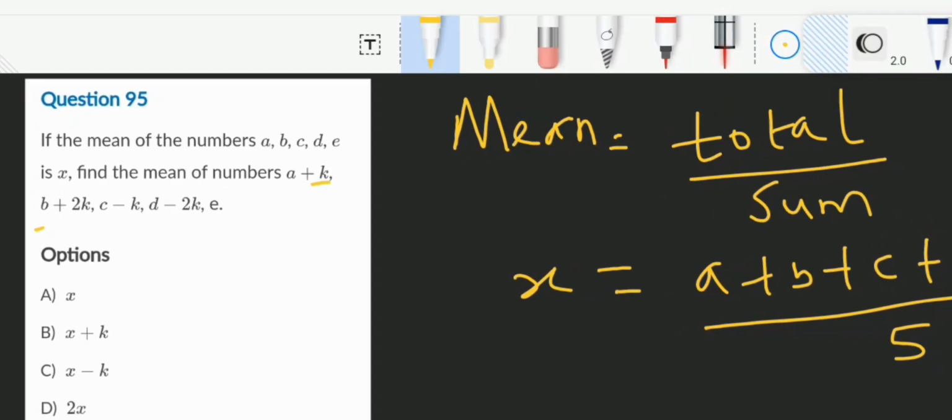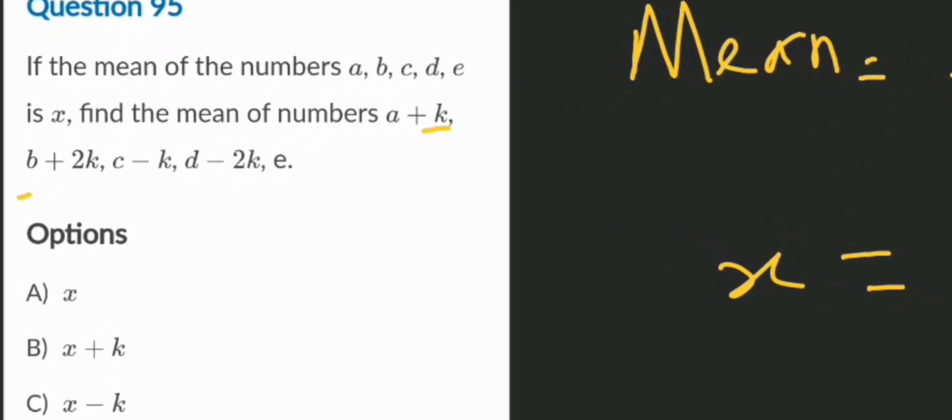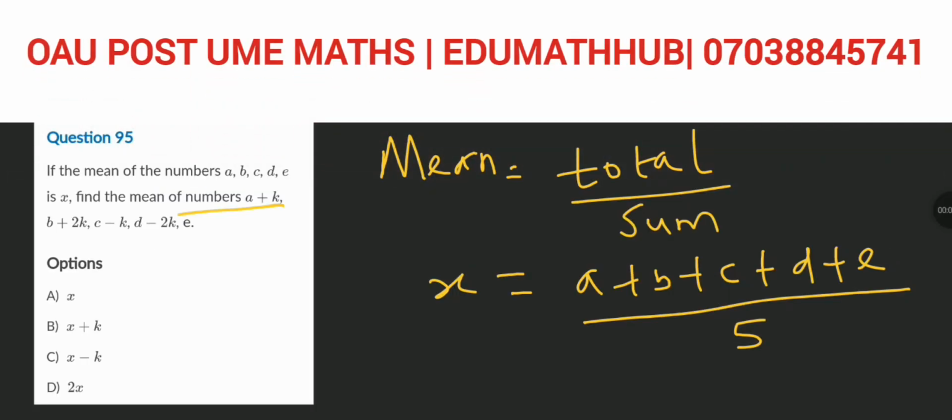The next question. If the mean of the numbers a, b, c, d, e is x, we have to find the mean of these numbers here. Okay, so your formula for mean is total divided by the number of items. The total is a plus b plus c plus d plus e. Then how many numbers do you have?